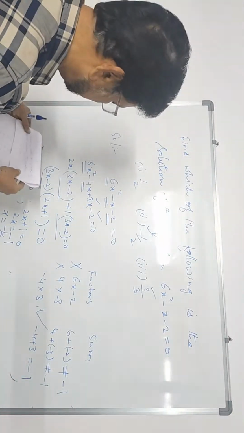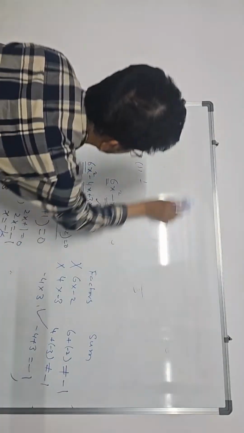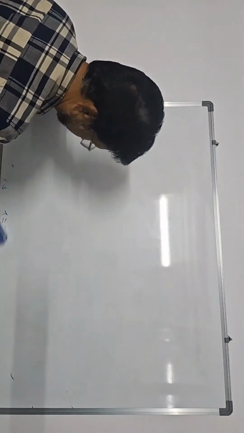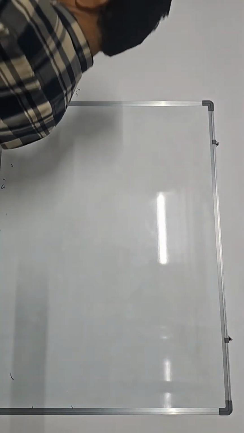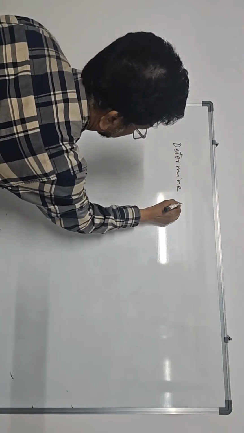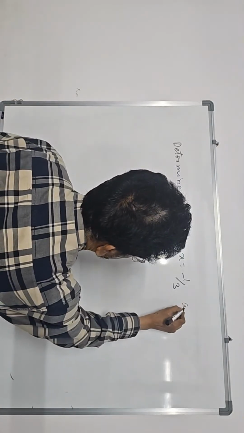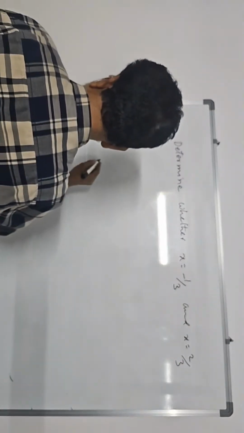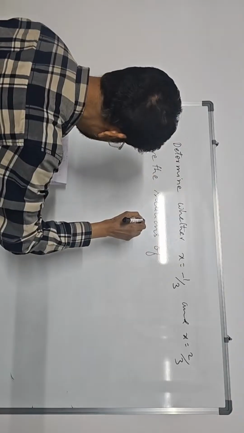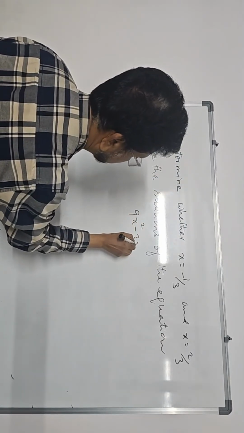Determine whether x is equal to minus 1 by 3 and x is equal to 2 by 3 are the solutions of the equation 9x square minus 3x minus 2 is equal to 0.